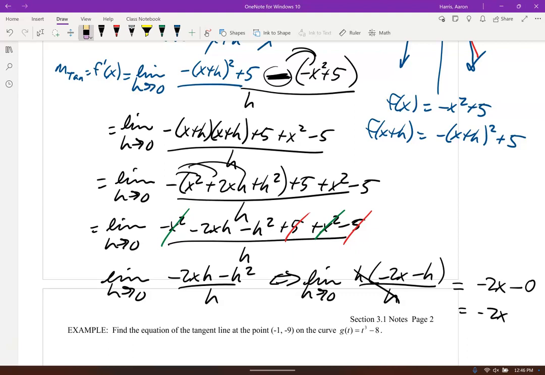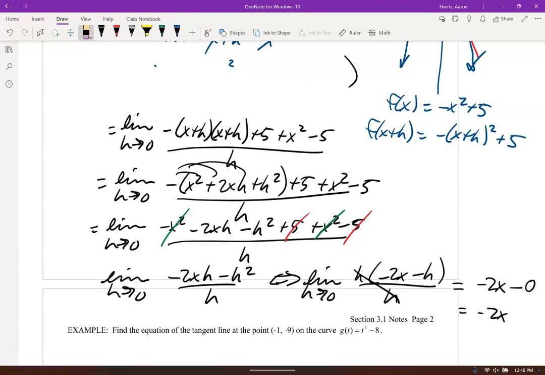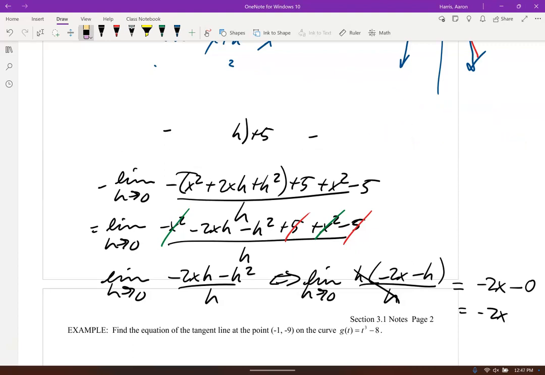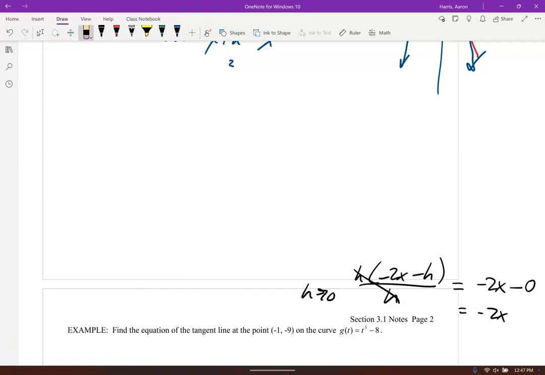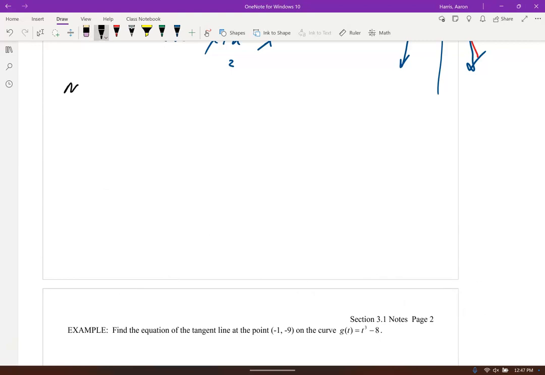I'm going to have to erase some of this stuff here. Okay, so the slope of the tangent, f prime of x, is negative 2x is what we found, right?